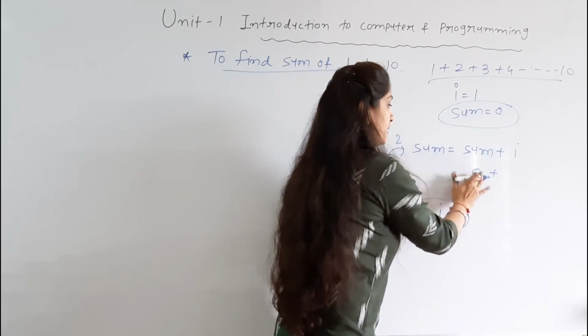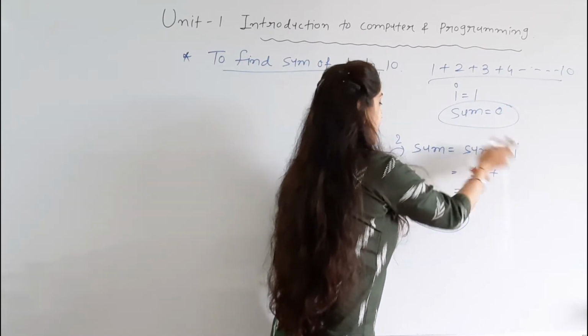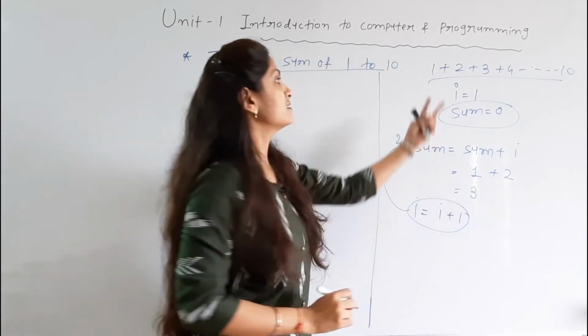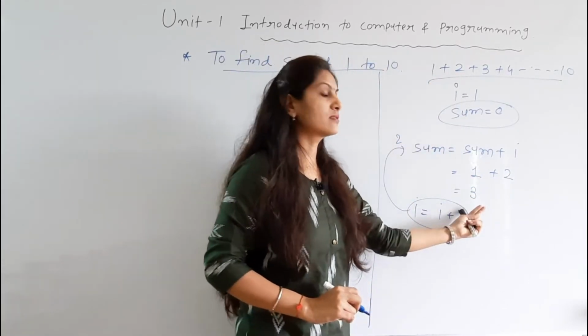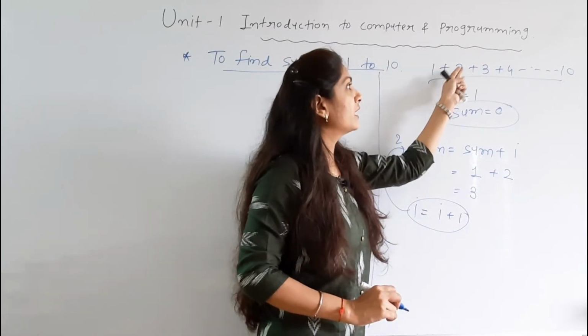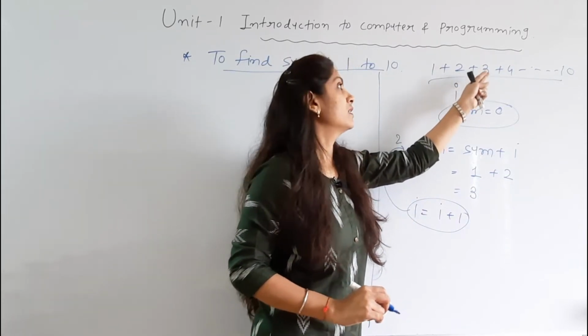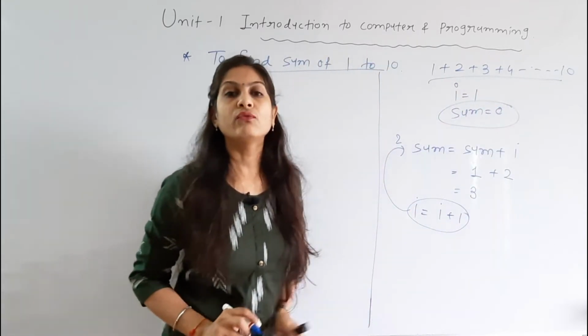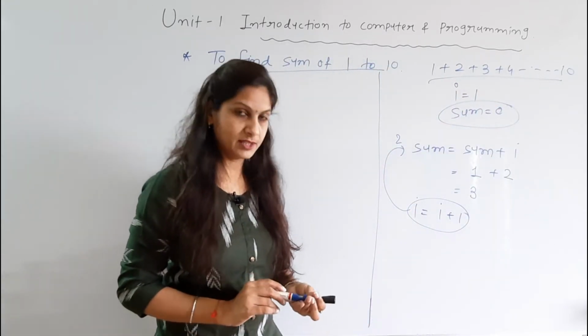Now our sum is updated, that is 1, and I is updated, that is 2, so it becomes 3. So you can see here 1 plus 2, that is 3. Similarly 3 plus 3, that is 6. 6 plus 4, 10. Likewise the sum of 1 to 10 will be displayed.